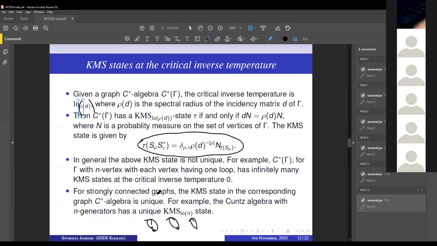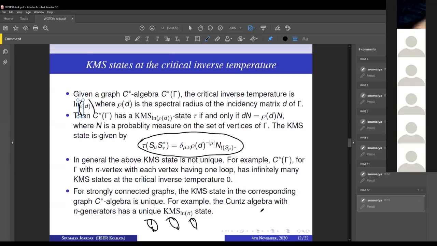But for a particular class of graphs which are called strongly connected graphs, the KMS state is actually unique. What are strongly connected graphs? Roughly speaking, you can start from any vertex and you can go to another vertex by some path. Those are strongly connected graphs. So if you have a graph C*-algebra corresponding to a strongly connected graph, you have a unique KMS state at the critical inverse temperature.